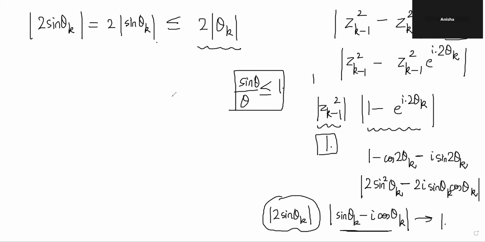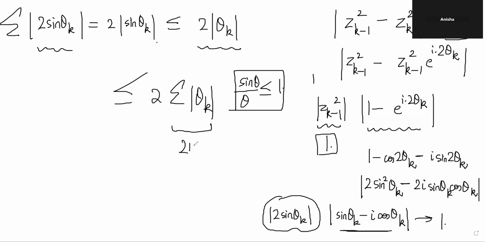So we can now replace it as an inequality and say the whole summation here will be less than or equal to 2 times the summation of mod theta k. And this summation was 2 pi, so less than or equal to 4 pi.